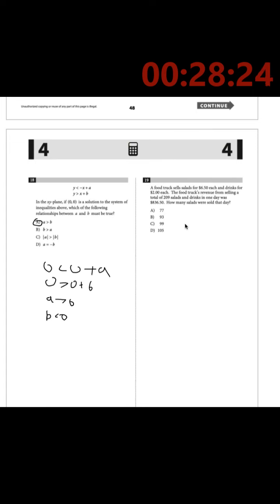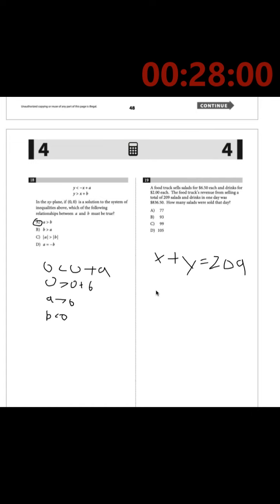Okay, let's say x is the number of salads sold and y is the number of drinks sold. Then x plus y equals 209 total salads and drinks sold.